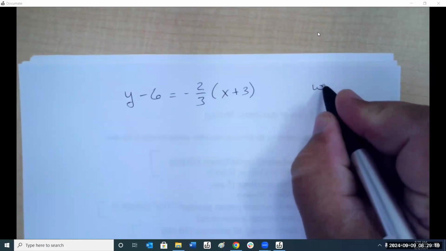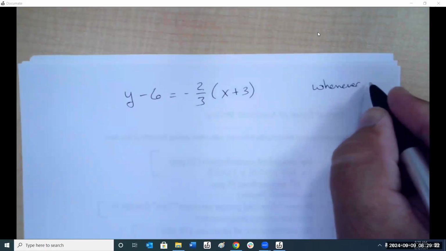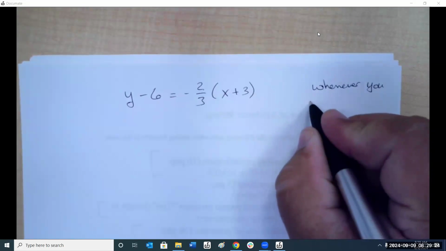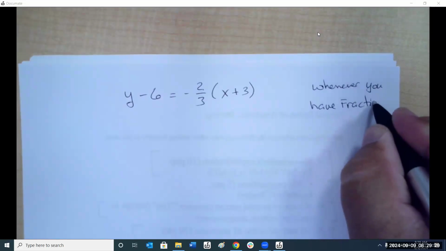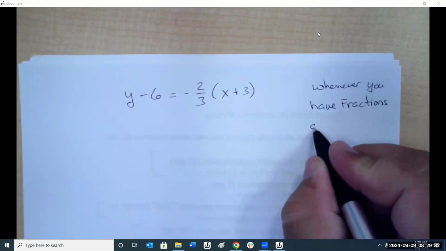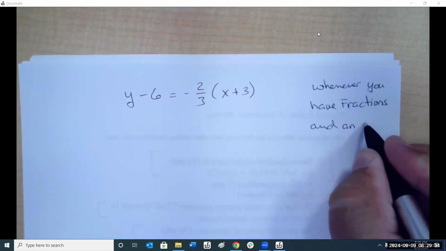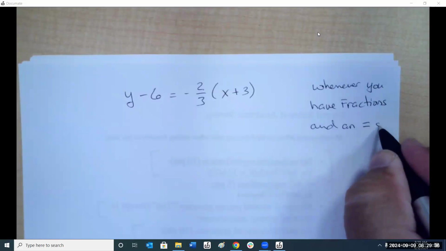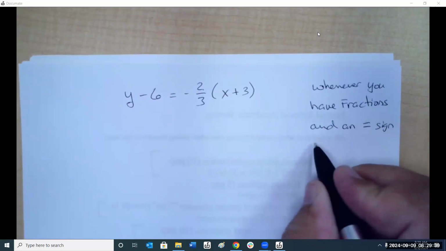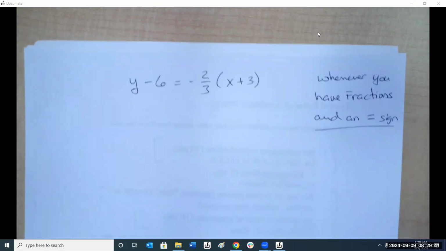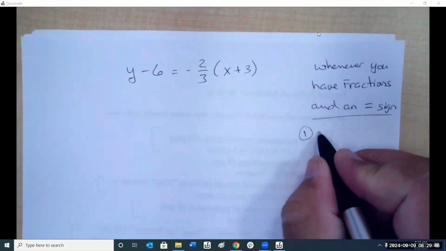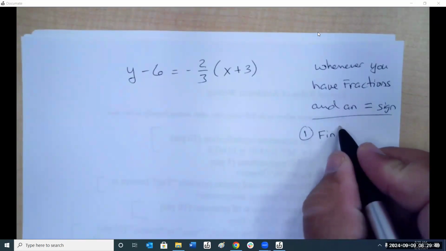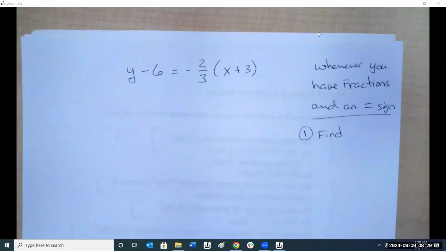Now, whenever you have fractions and an equal sign, do the following. How many terms are in this equation? First off, before we go anywhere, how many terms?